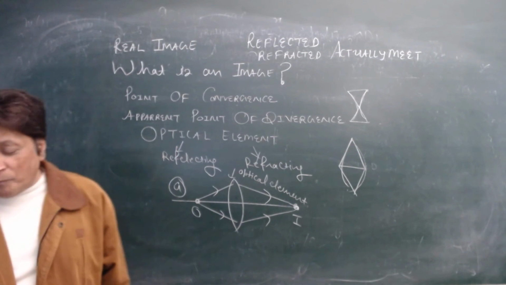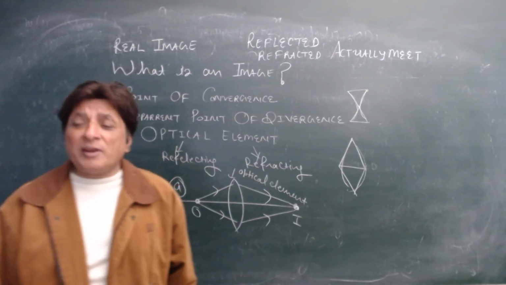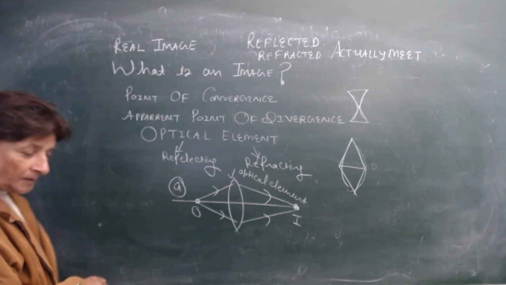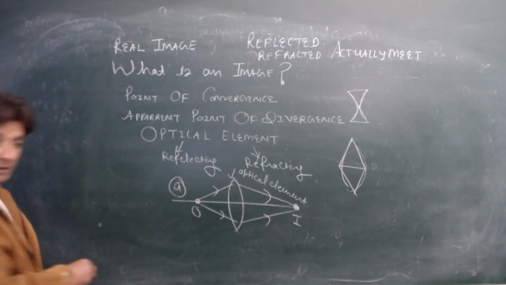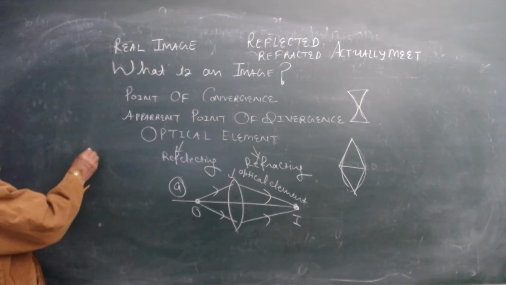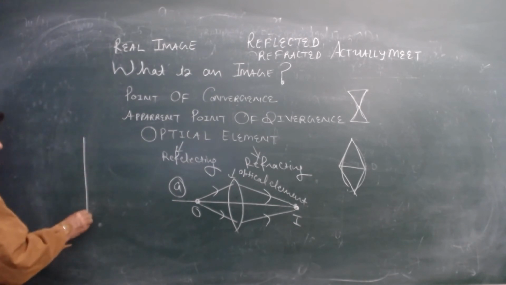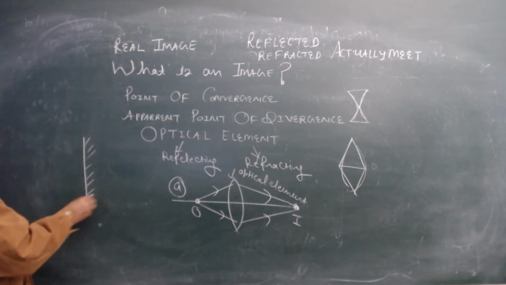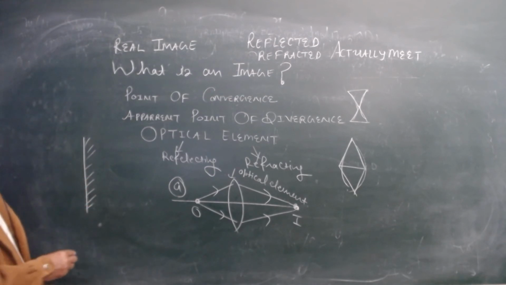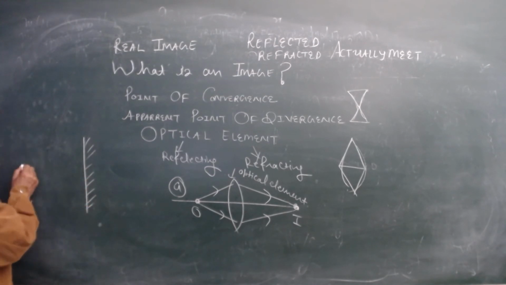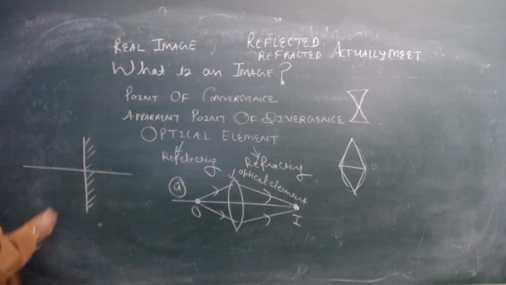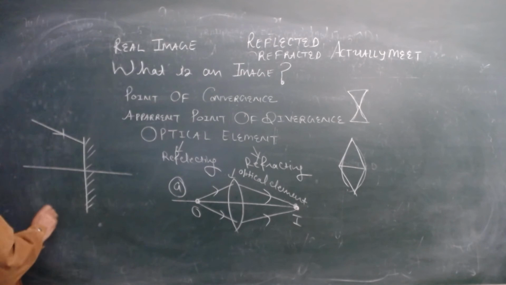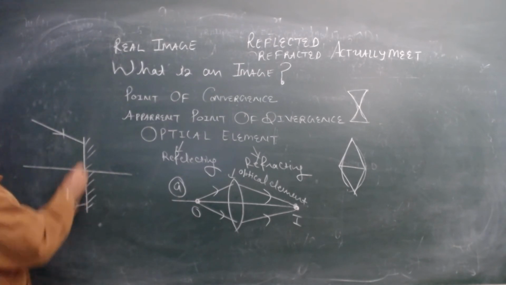Now you will put a question, how we can get a real image using the reflected? Well, this is a mirror. Correct? So one ray is incident here, other ray is incident here.